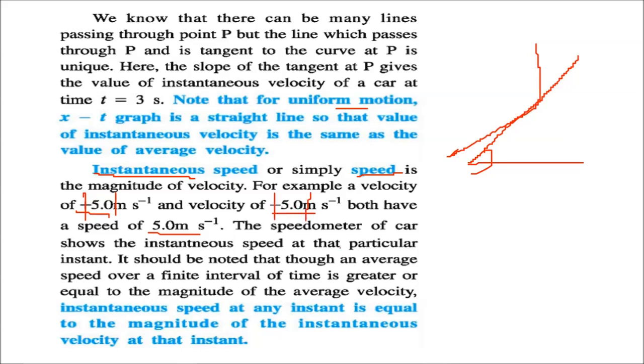The speedometer of a car shows the instantaneous speed at that particular instant. Though the average speed over a finite interval of time is greater than or equal to the magnitude of average velocity, the instantaneous speed at an instant is equal to the magnitude of instantaneous velocity at that instant, because we are taking the absolute values.